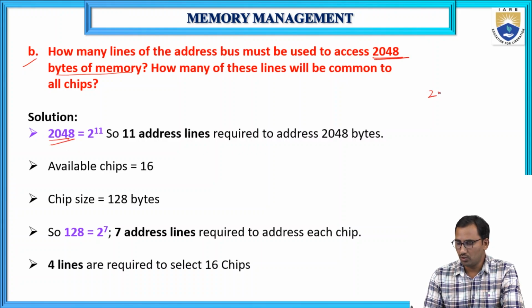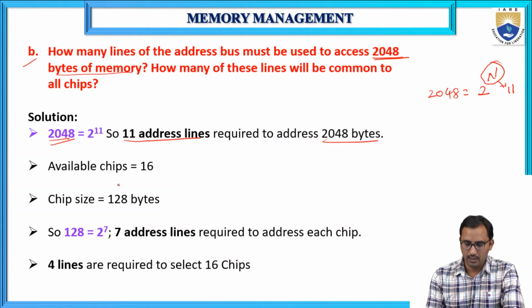So 2048 is equal to 2 power n, where n is the number of address lines. So here, if n is equal to 11, then that is equal to 2048. So 11 address lines are required in order to access 2048 bytes of memory.